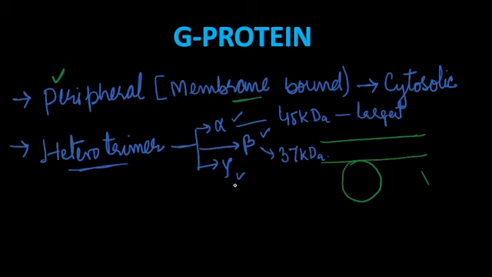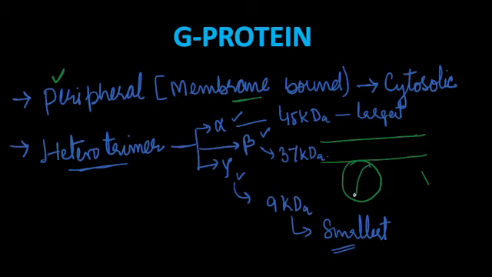Similarly, for gamma, the molecular weight is only 9 kilodalton, so this is the smallest subunit. One important thing I am going to mention here is that we have three subunits here, that is alpha, gamma and beta.